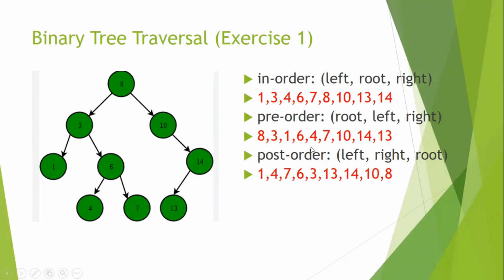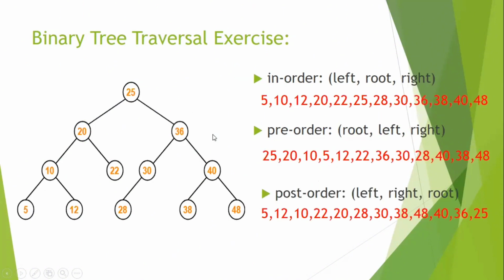The post-order, which moves from left, right, then root, is 1, 4, 7, 6, and 3, then 13, 14, 10, and 8. 8 is on the last, which is the root.